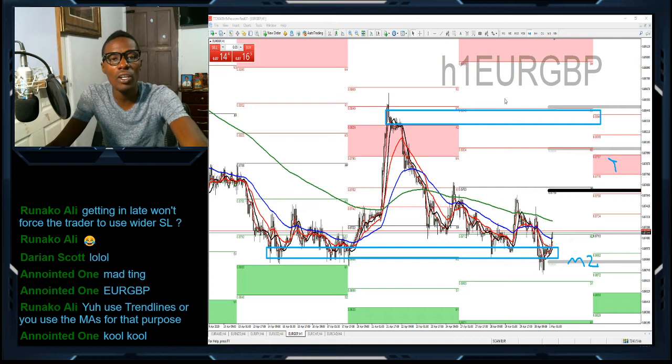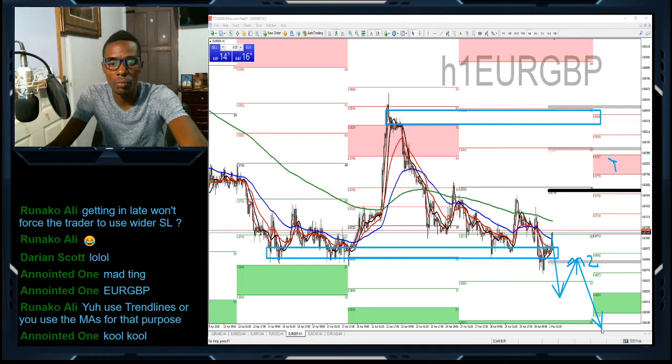But if it fails, this is what we are looking at now. If it fails to make a higher high, come to this level, you need a breakdown and a pullback to get involved. And this is next week's trade, right?